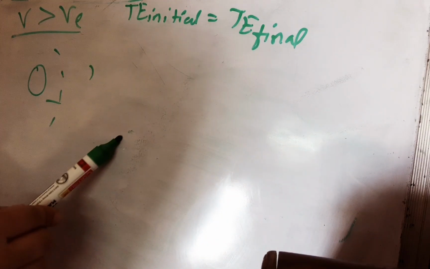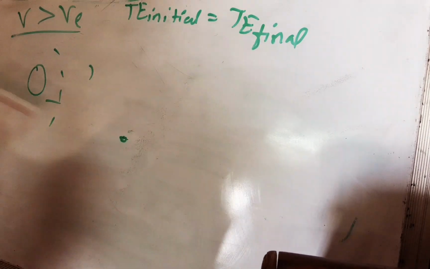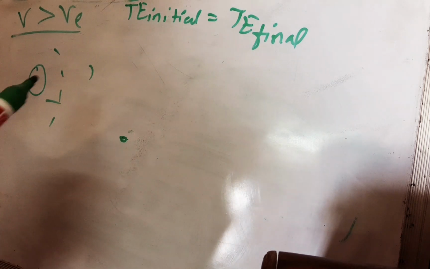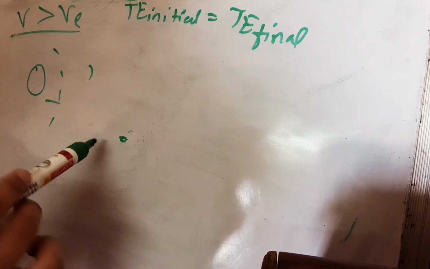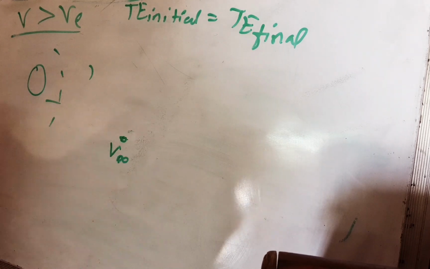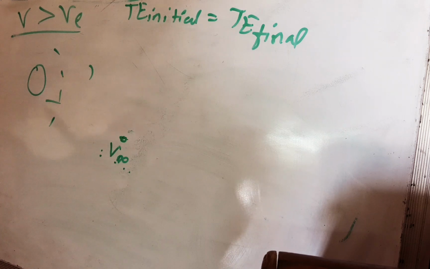But even after reaching infinity and crossing the gravitational field, the body will still have some leftover velocity with it. That we will call the final velocity, the velocity at infinity.